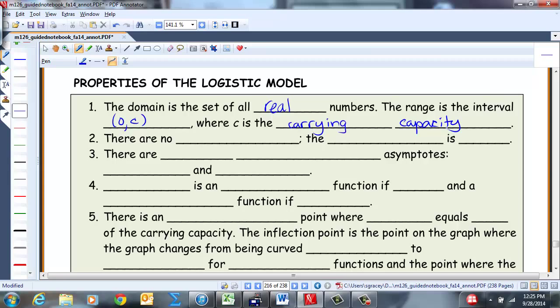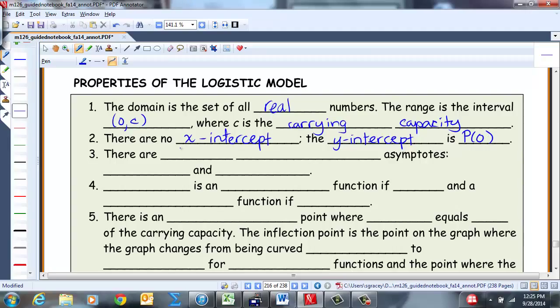There are no x-intercepts. The y-intercept is complicated to remember, so just remember that it's going to be P at time 0, and you evaluate that.